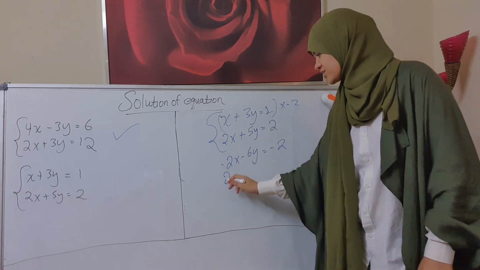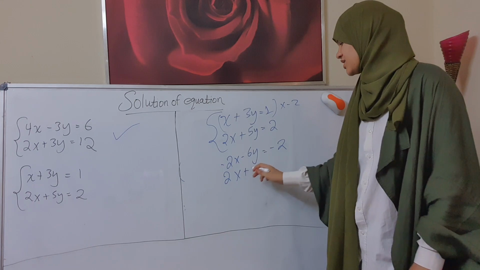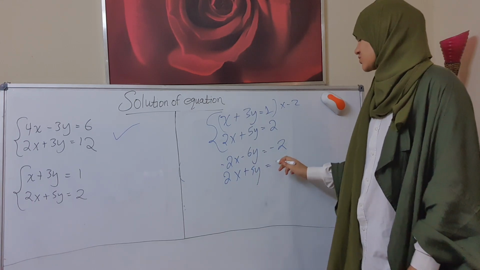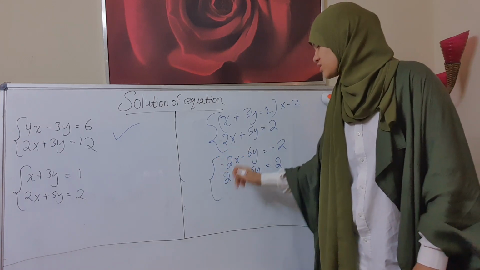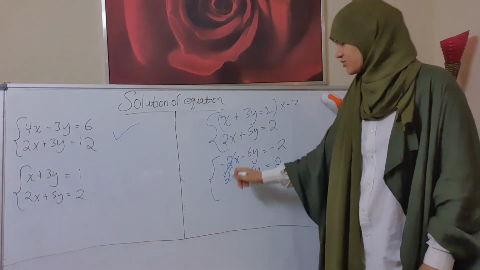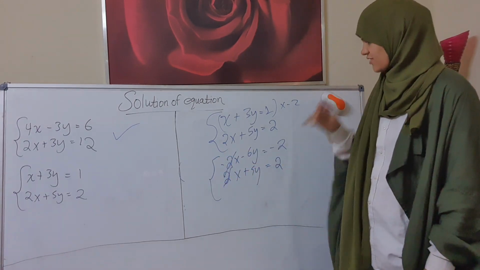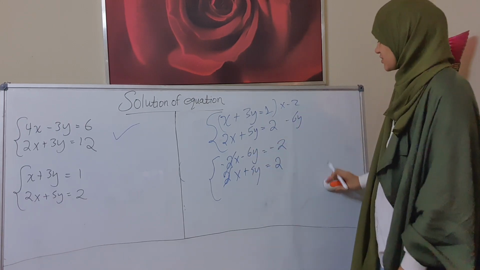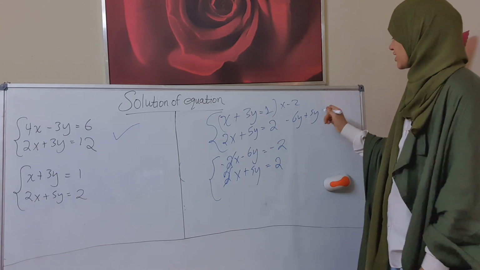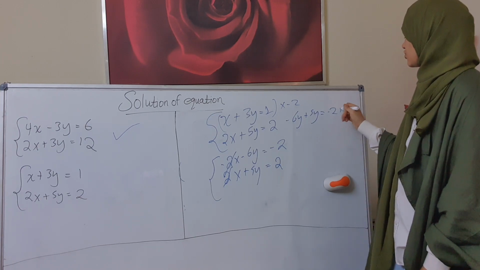Then what we have already, 2x plus 5y is equal to 2, right? So cancel 2x by 2x, then what will we have? Negative 6y plus 5y is equal to negative 2 plus 2.